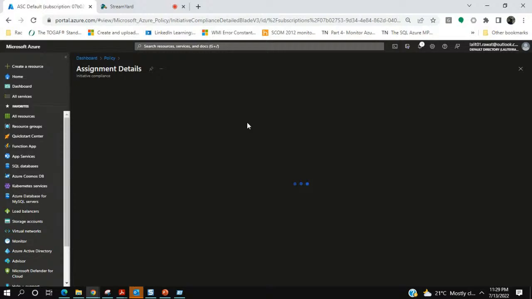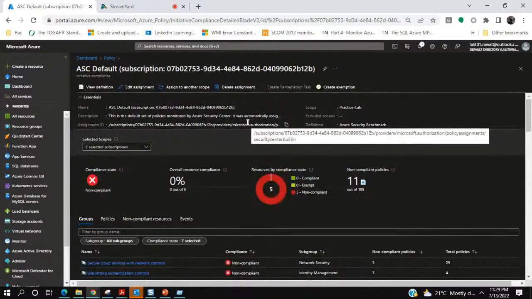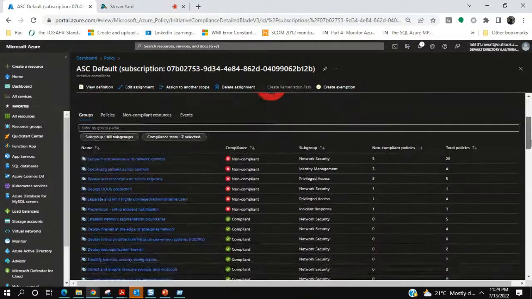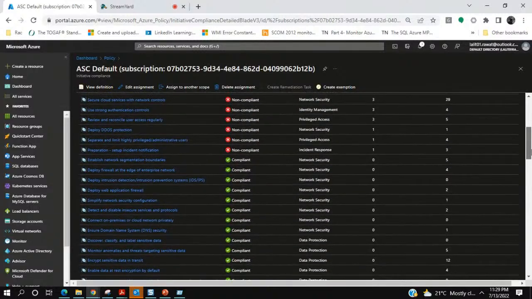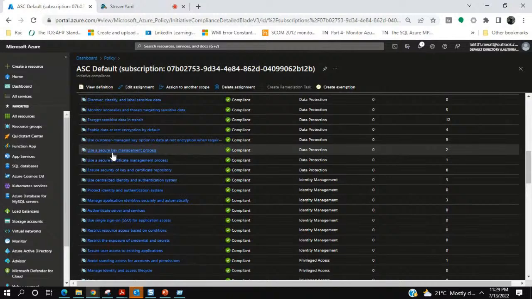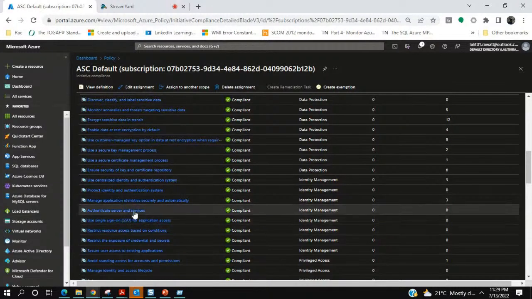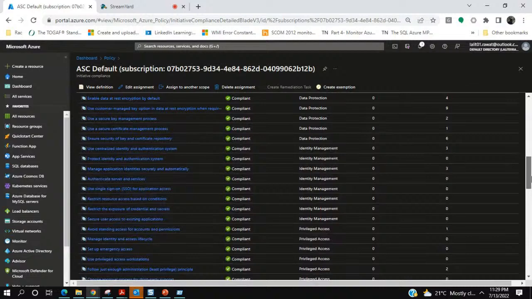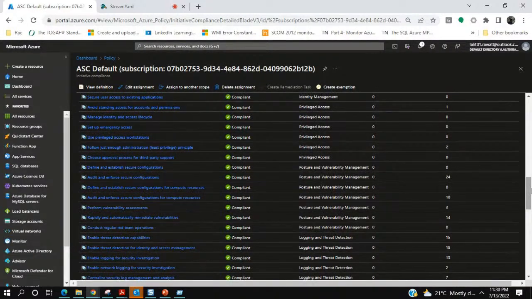This is your security benchmark. You can see secure cloud services, network control, DDoS, firewall, right? You get all of these from the policies which I have applied in the security center. Restrict access, use single sign-on authentication to the services, right? So these are the benchmarks.